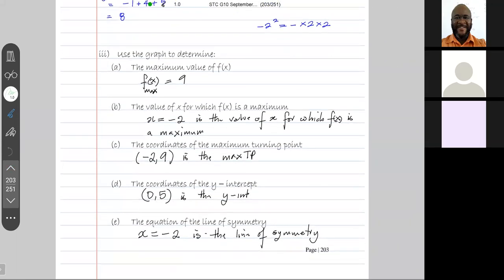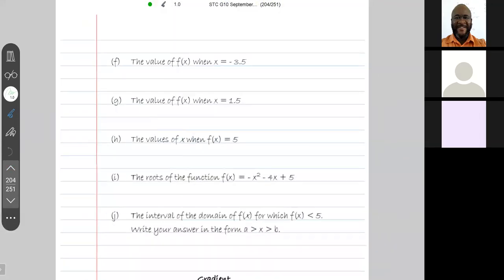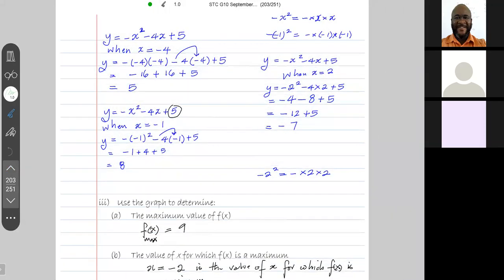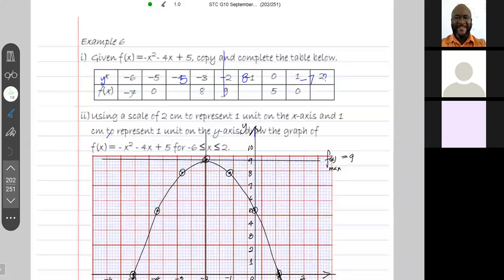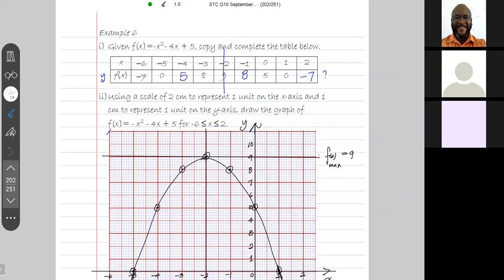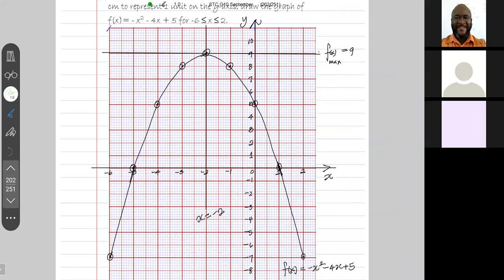So let's find the point on the graph where x is equal to minus 3.5 and where x is equal to 1.5. 1.5 is between 1 and 2. So this vertical line here is the line x is equal to 1.5. This is x is equal to 1.5.